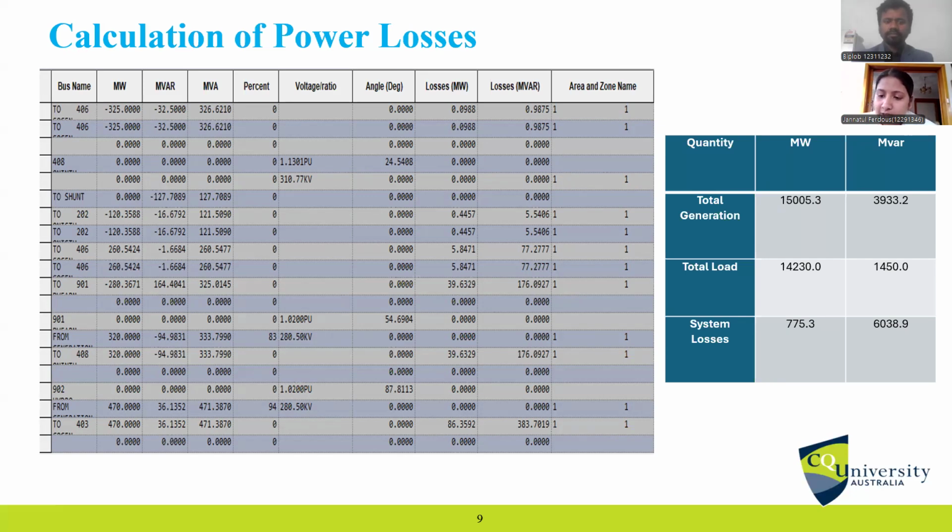The total losses were calculated by comparing the total generated power with the total load demand. Results showed that the losses remained within acceptable limits, mainly due to the 275 kilovolt transmission line, which helps minimize current flow and reduce the losses. This confirms that the system design is efficient and suitable for long distance power transfer.